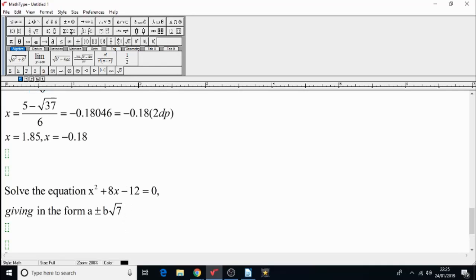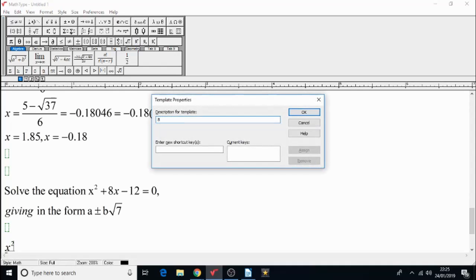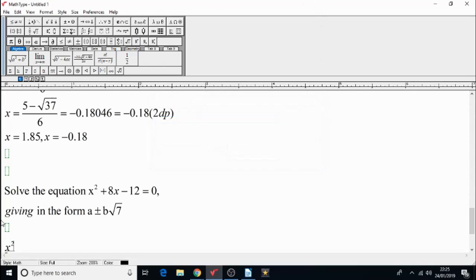So let's proceed. Same process. Write out the equation so that you can pinpoint what are your a values, b values, and your c values.